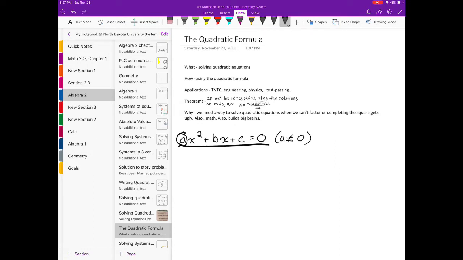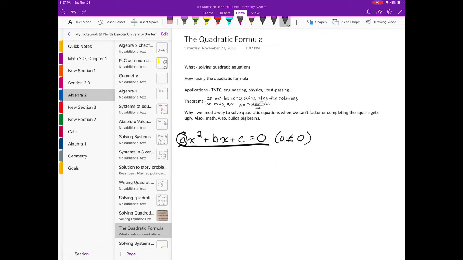Okay, so we do want to use what we know so far about solving quadratic equations to try to simplify this a little bit. We want some other coefficient on our x squared term other than a. We want 1, right?